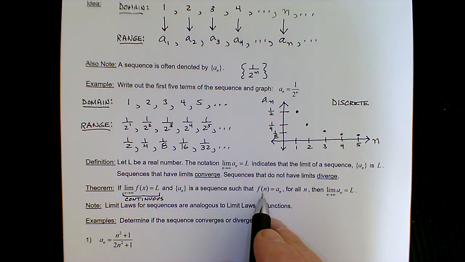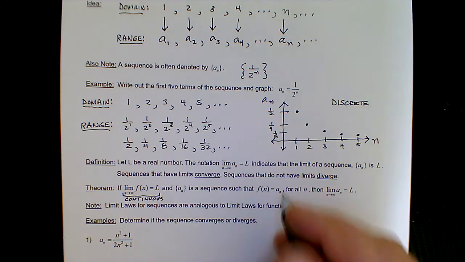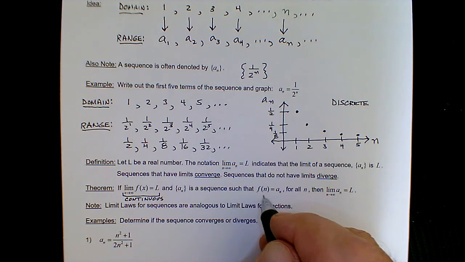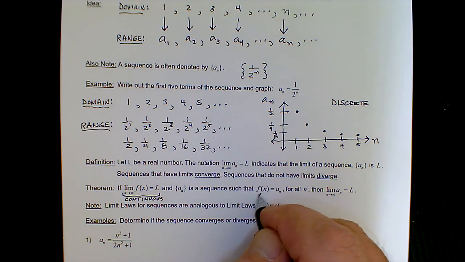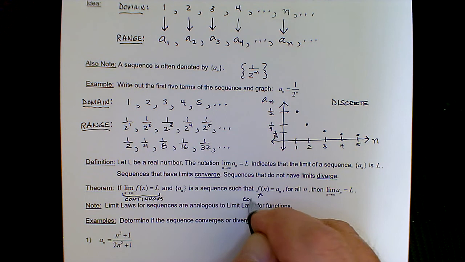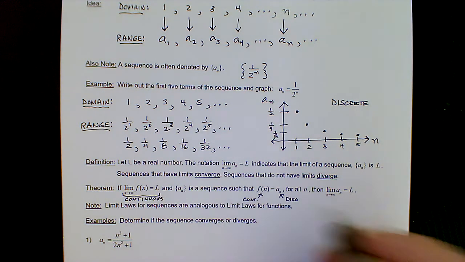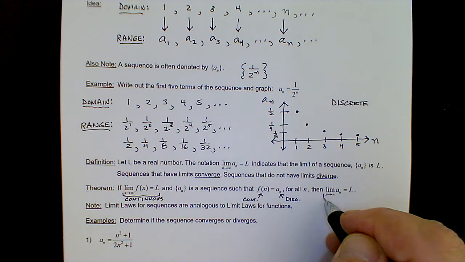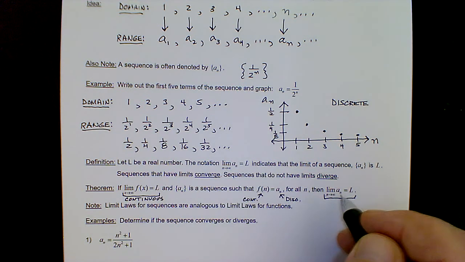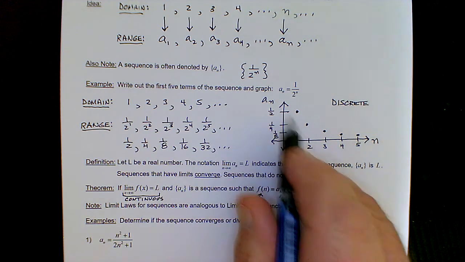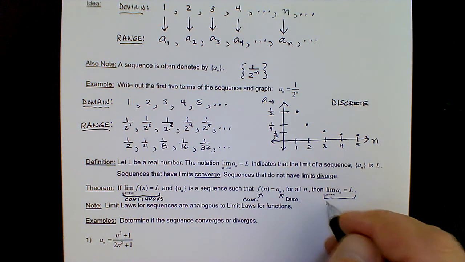And then you have a sequence such that, here's a key point, the continuous function matches the discrete function. See, this is a discrete limit here because it's talking about n and a sub n, and it only exists at those values.